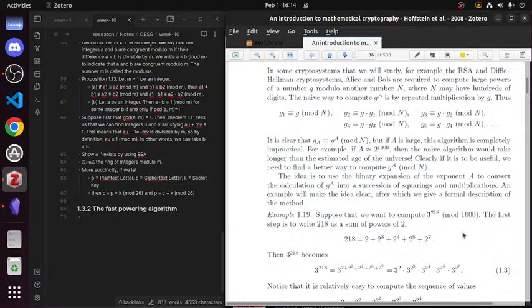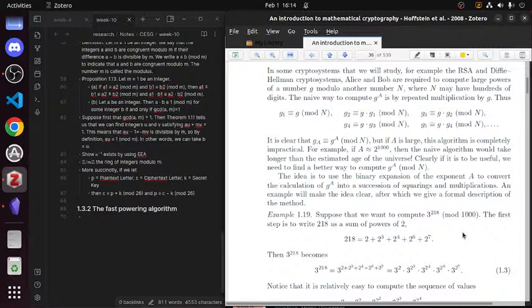For example, if A equals 2 to the 1000, then the naive algorithm would take longer than the estimated age of the universe. Clearly, if it is to be useful, we need to find a better way to compute G to the A mod N. The idea is to use the binary expansion of the exponent A to convert the calculation of G to the A to a succession of squarings and multiplications.